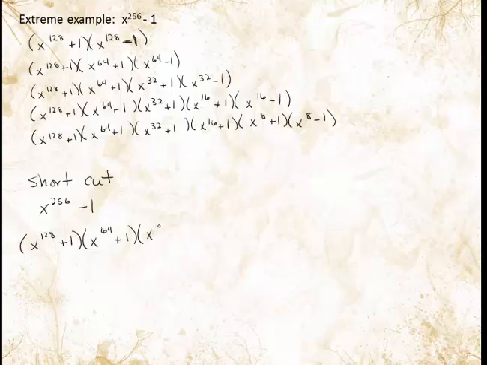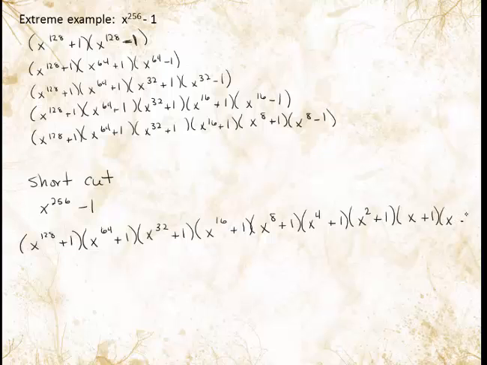Half, half, half. So 32, 16, 8, 4, 2, and then 1. And then finally, I am factored completely.